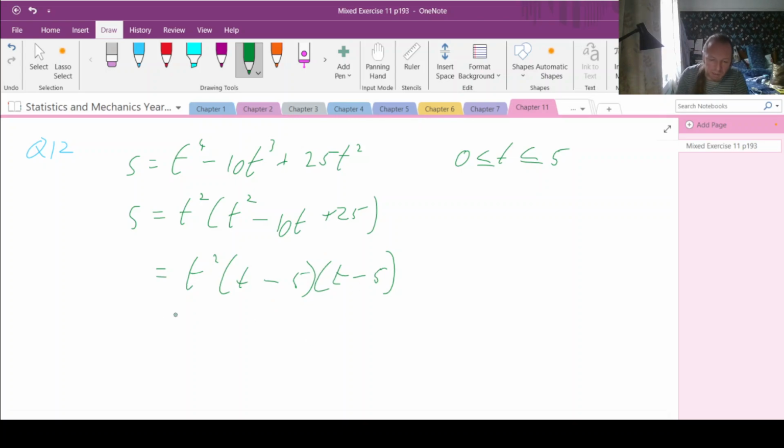When we factorize this out and set it to 0, we get t equals 0 twice, and then t equals 5 twice. Was that correct? Yeah.